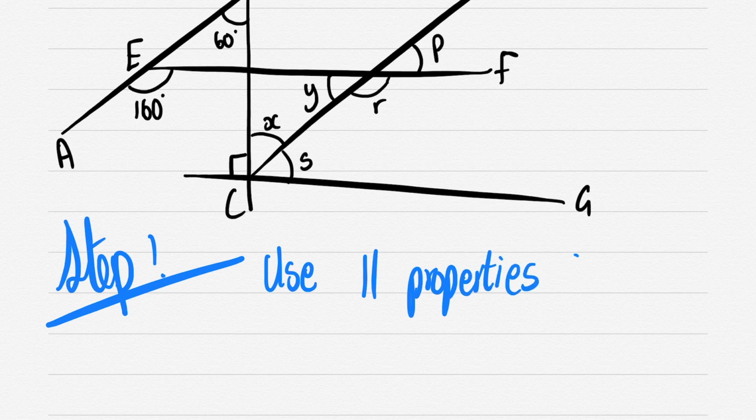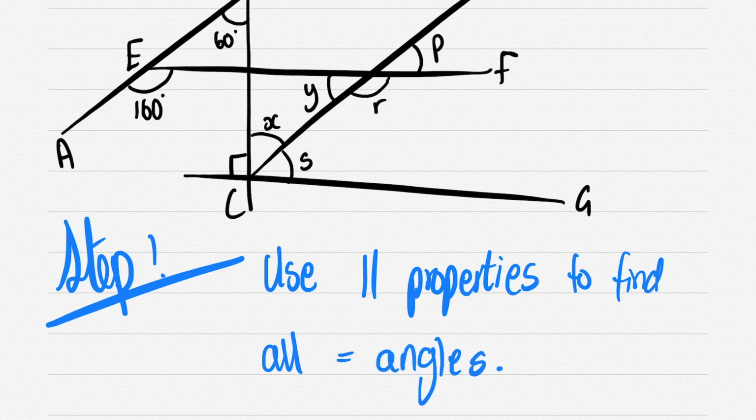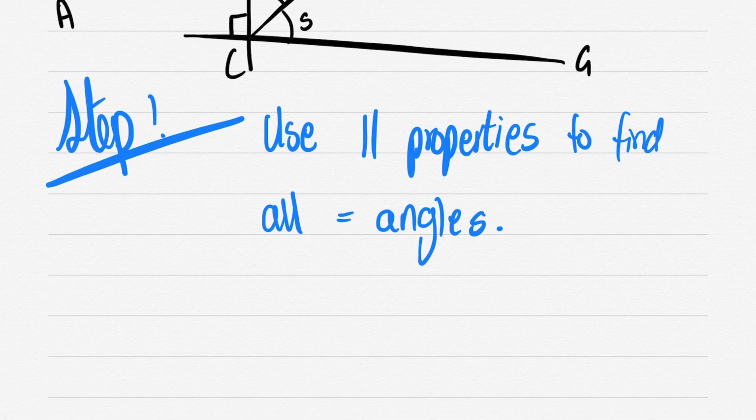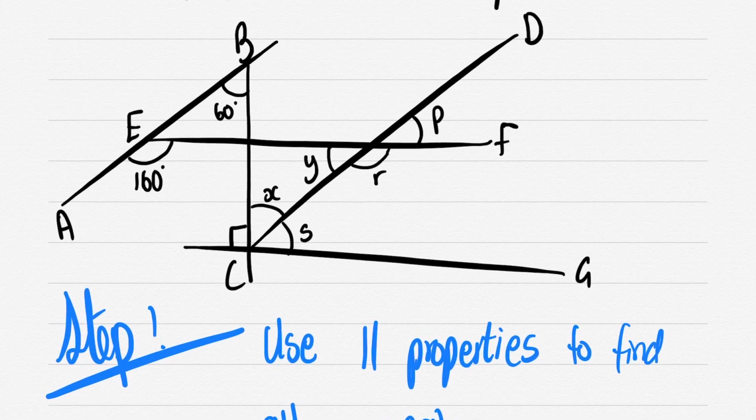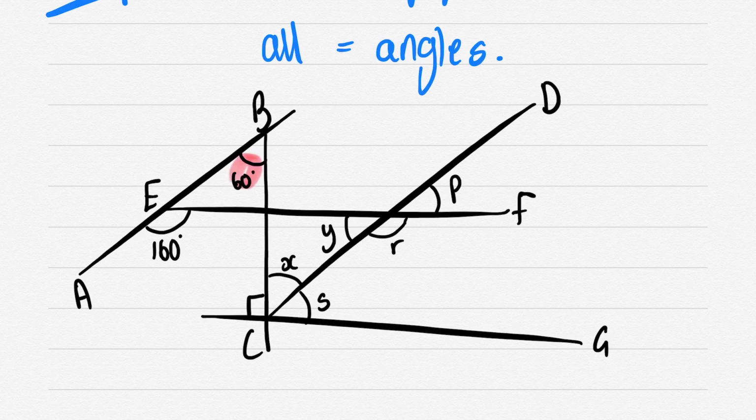So let's use the properties of parallel lines, and we'll use these properties to solve whether these lines are parallel or not. So we're looking at the line EF and CG. We've got 160 degrees at E, and we need to solve all of our angles. So I've copied the diagram down below.